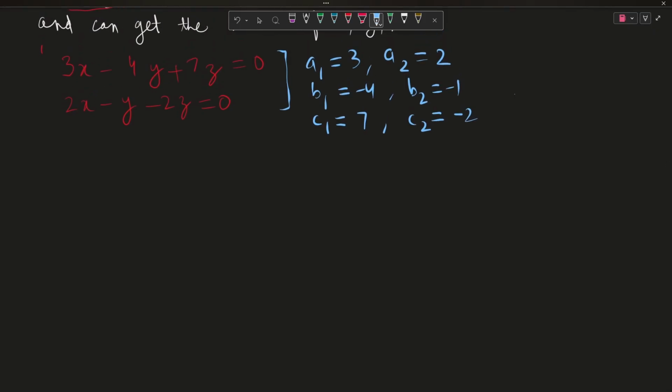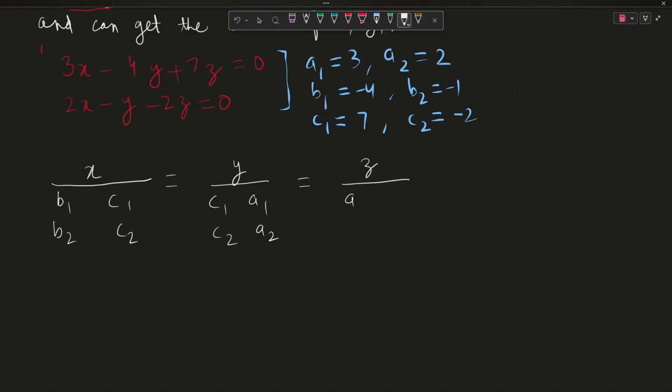Now, we know that using the cross multiplication method, we can easily calculate the ratio between x, y, and z. So x upon b1, b2, c1, c2 is equal to y upon c1, c2, a1, a2 is equal to z upon a1, a2, b1, b2.